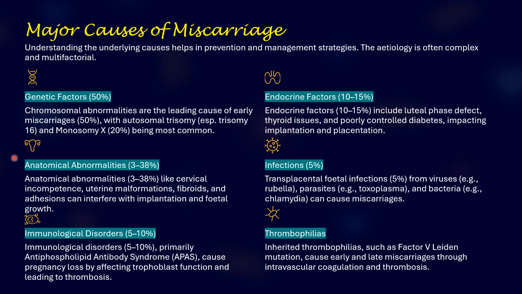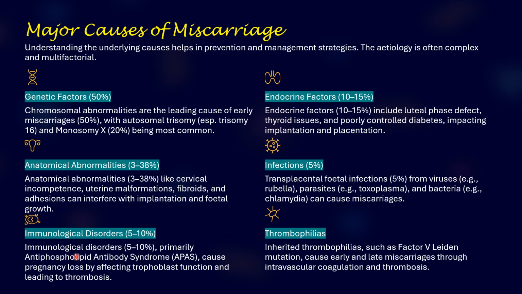The second cause is anatomical abnormalities. Anatomical abnormalities such as cervical incompetence, uterine malformation, fibroid, and adhesion can interfere with implantation and fetal growth. Number three is immunological disorder.